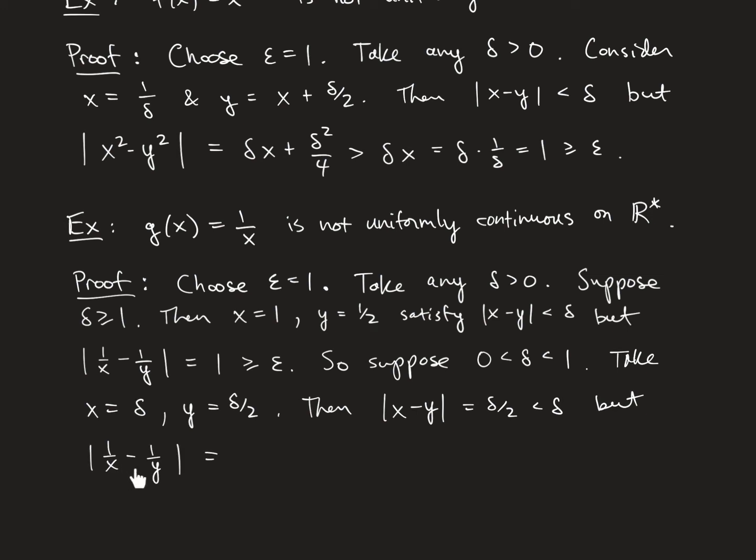Well, actually, I guess we don't even have to do the common denominator thing. This is just the difference between 2 over delta and 1 over delta. So that's just going to be 1 over delta, and that is bigger than 1 because of where delta is situated, and that's equal to epsilon. So in either case, we're going to lose this epsilon challenge. You can always find x and y within the delta such that the function values are separated by that epsilon.